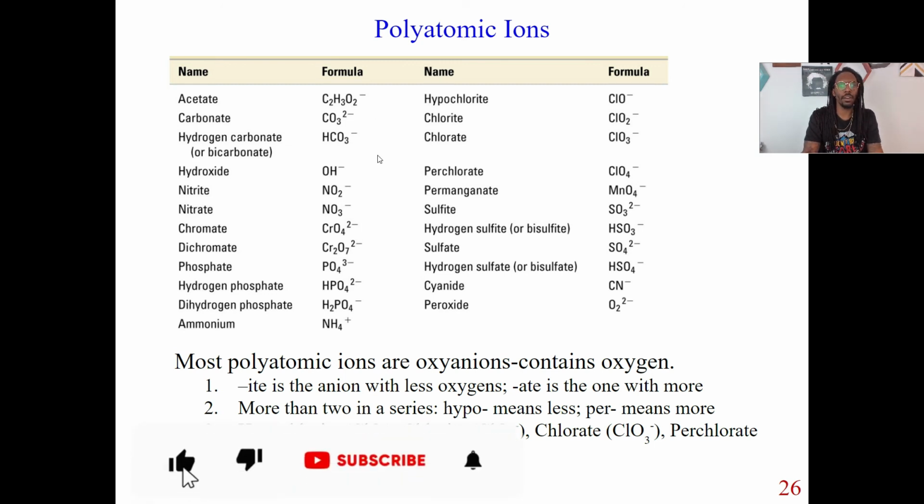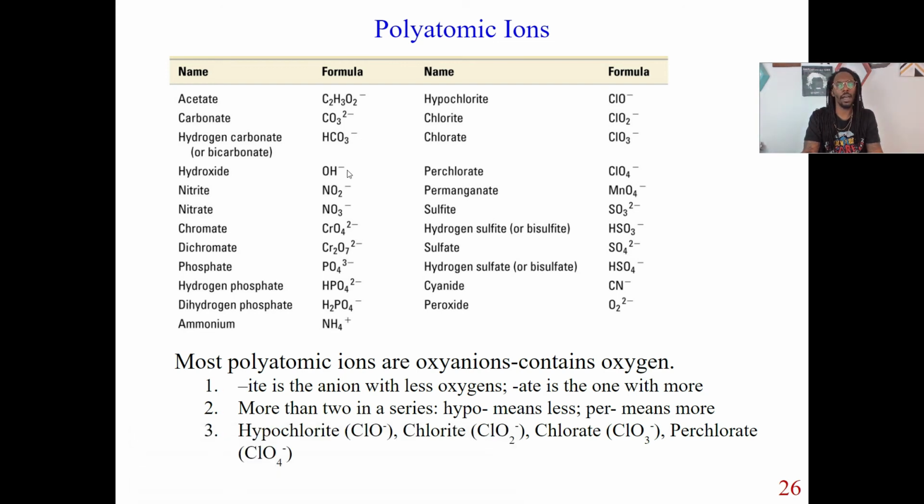Let me just cover a couple more. Hydroxide. This is a big one that you will need to know, and that's used often. It's OH. One thing I want to point out is that these are ions, so ions have charges. Most of these, like I mentioned, are going to be anions, so expect to see a negative charge.